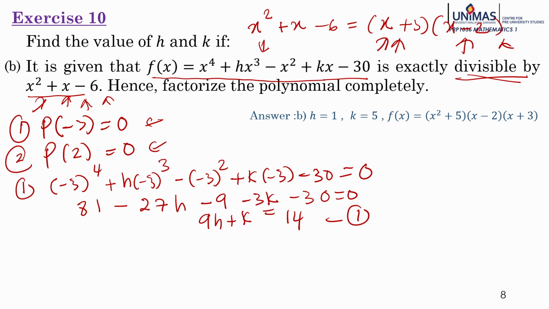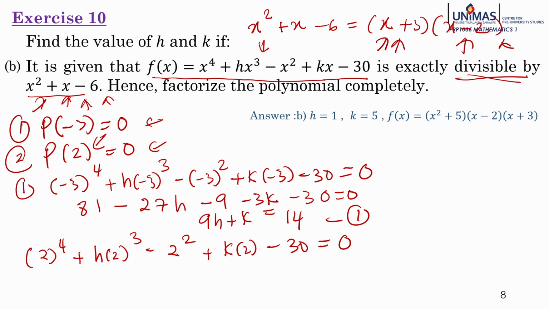And then the second one, we substitute the value of x equals 2. So that means 2 to the power of 4 plus h times 2 cubed minus 2 squared plus k times 2 minus 30 equals 0.